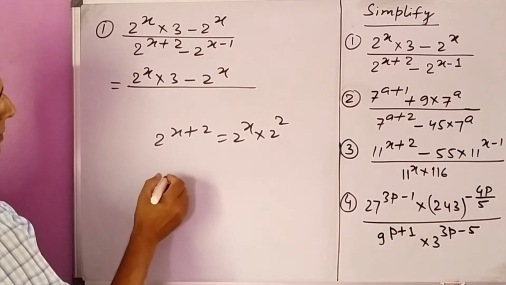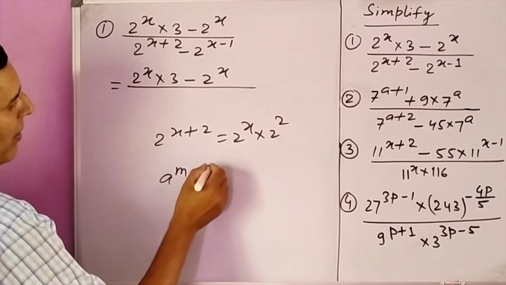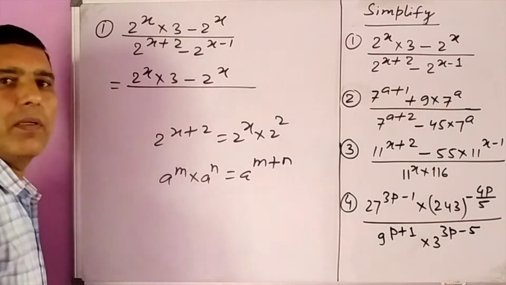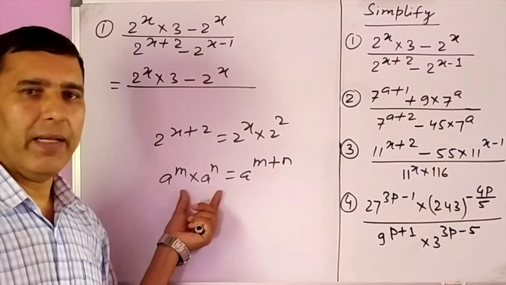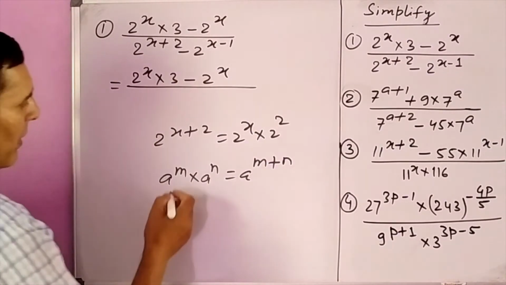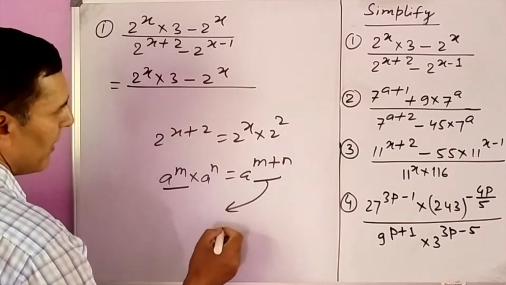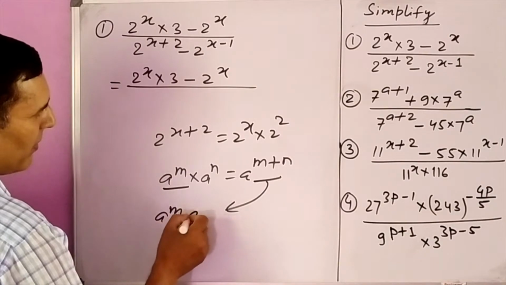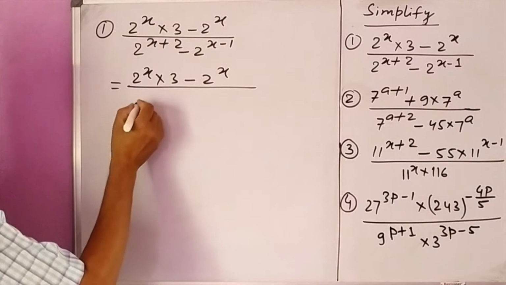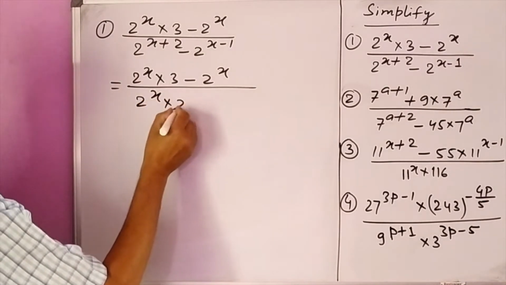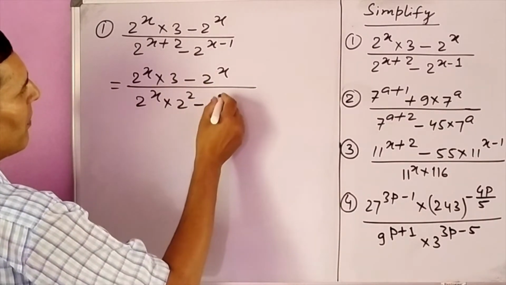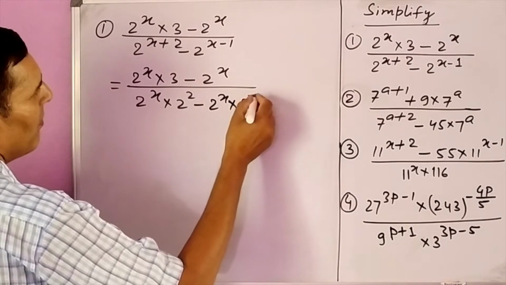As we know, a to the power m into a to the power n is equal to a to the power m plus n, the product law of index. On the same base, in multiplication, the powers are added together. This can also be written in reverse as a to the power m into a to the power n. So 2 to the power x plus 2 is 2 to the power x into 2 to the power 2, minus, again, 2 to the power x minus 1 is 2 to the power x into 2 to the power minus 1.